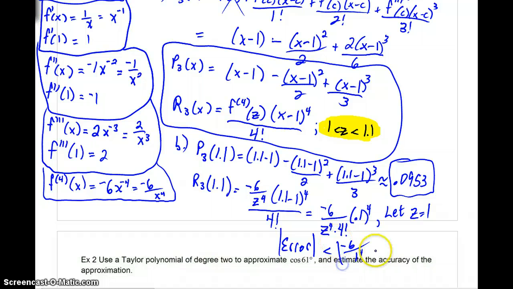And we could put this in absolute value, of course. And work all of this out. You're going to see, if you work that out on your calculator, your error would work out to this. So what do we really know? We know that we're accurate to 4 decimal place accuracy. Okay, so that's proving that we're accurate to what they asked us to show. Again, choose z to make your error as large as possible. We'll take a look at number 2 in just a minute.